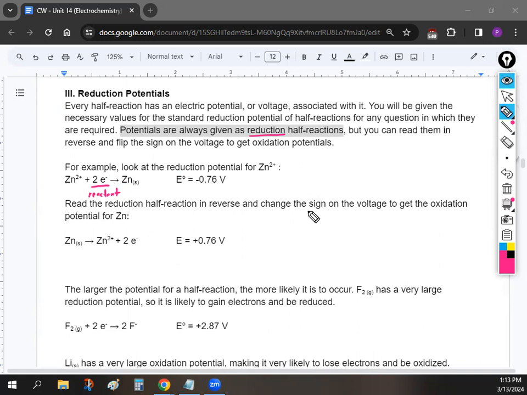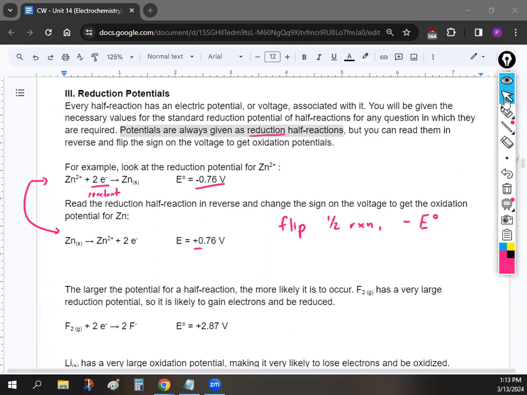Now, it's similar to enthalpy in the sense that if you flip it, so if you take a look here, the electrical potential for this reaction right here is negative 0.76, right? And then if you flip it down here, it turns into positive. Okay, so make sure you jot that down somewhere as well. When you flip the half reaction, you multiply, or I'll just write negative the electrical potential.